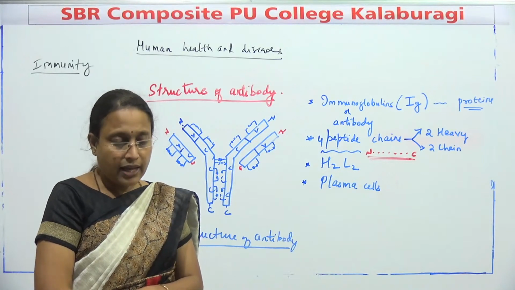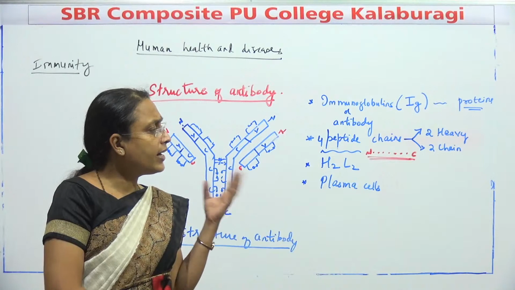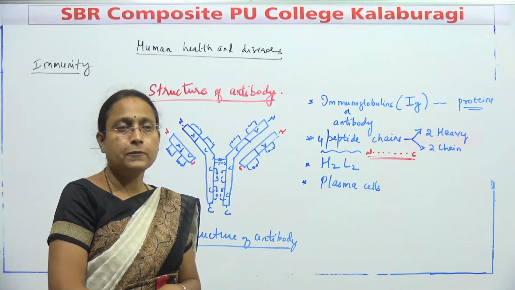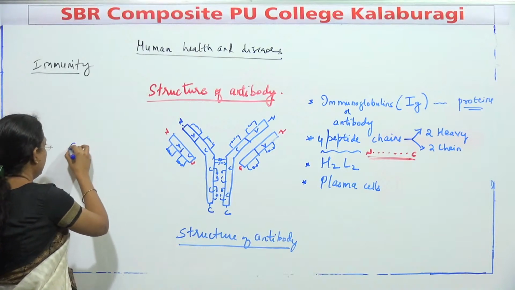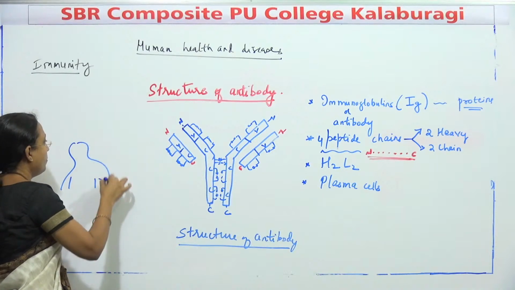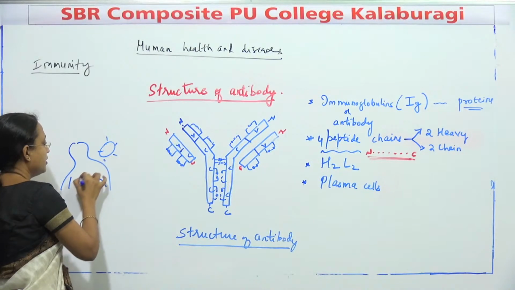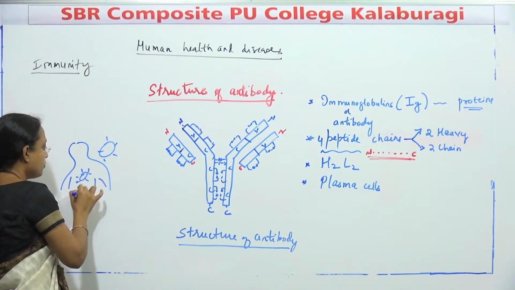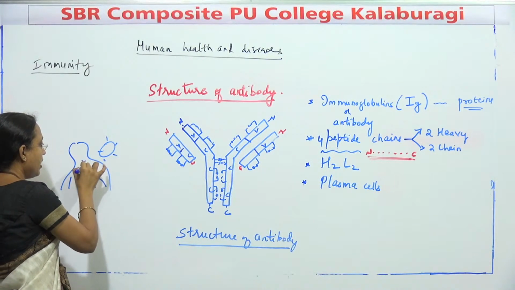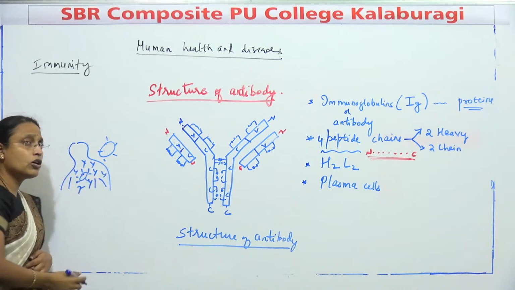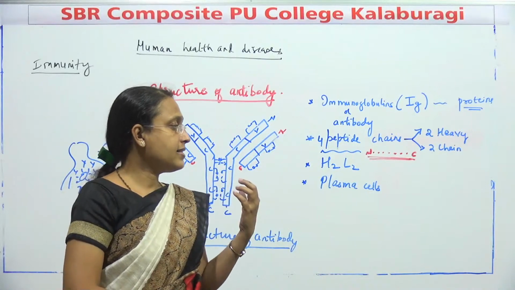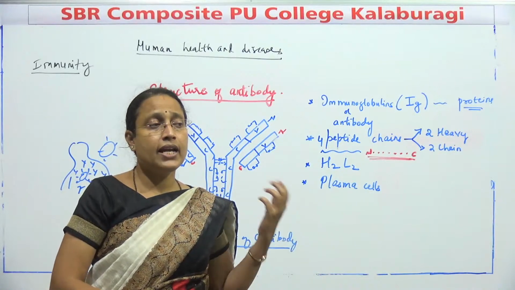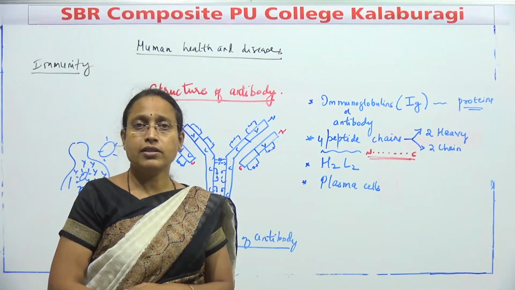These plasma cells, how many antibodies do they release? That is a question. Consider now that a pathogen has entered a person and the body is now producing antibodies. Because the number of antigens can be in the millions, the antibodies should also be in very high concentration.